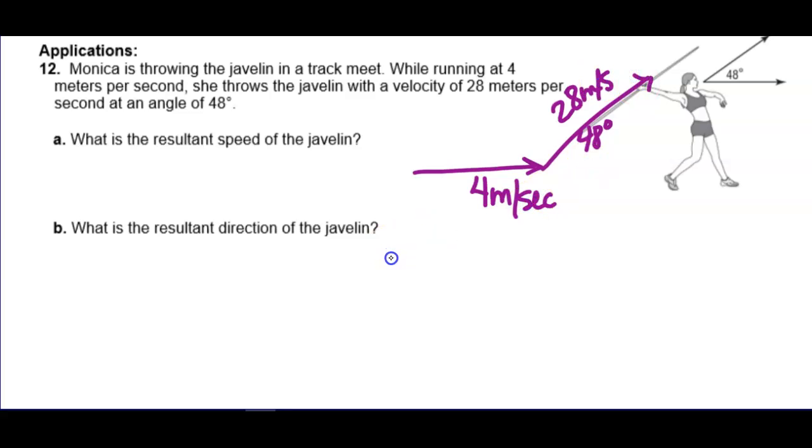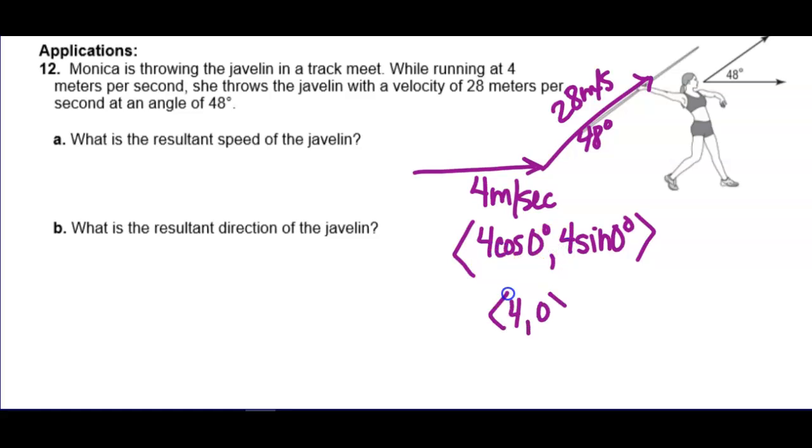So there's 2 forces here. The first, she's running straight horizontal. You could use a 0-degree angle for that vector, okay? It will turn out, if you type that in, you'll just get 4, 0, because the only force is 4 meters per second to the right.